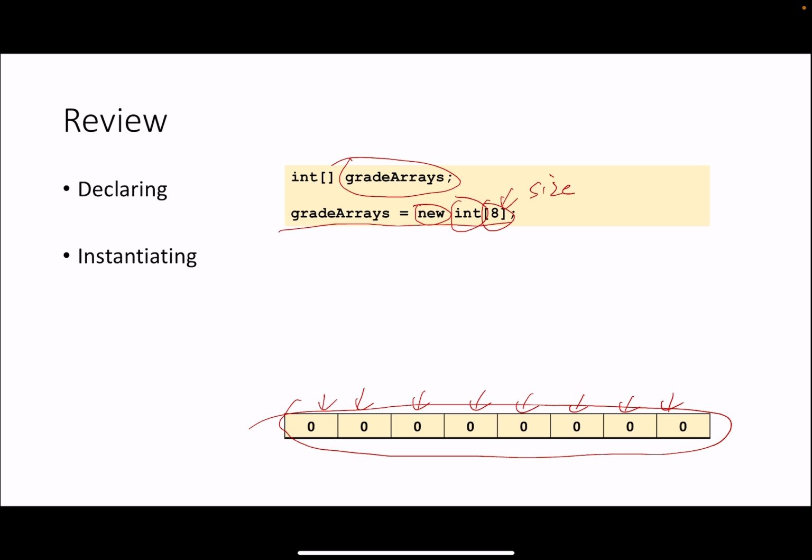Because int is a number, all the default values would be 0. Since we define this array has 8 elements, every element would be 0.